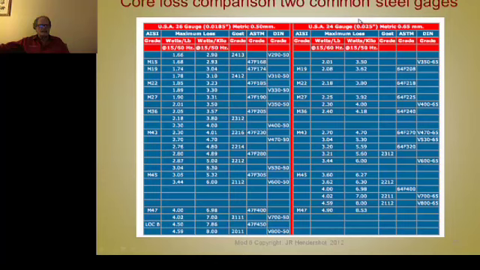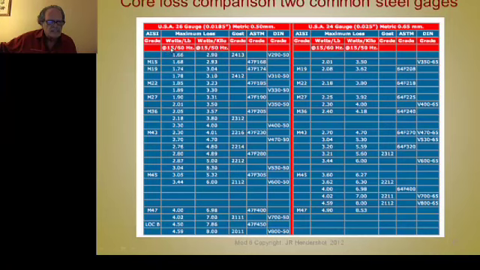Now here's a summary of core losses for different grades of American Iron and Steel Institute electrical steel. The old grading system used these M numbers: M15, 19, 22. The smaller the number, the lower the core losses. And here's your watts per pound at 60 hertz and 50 hertz, watts per pound, watts per kilogram.